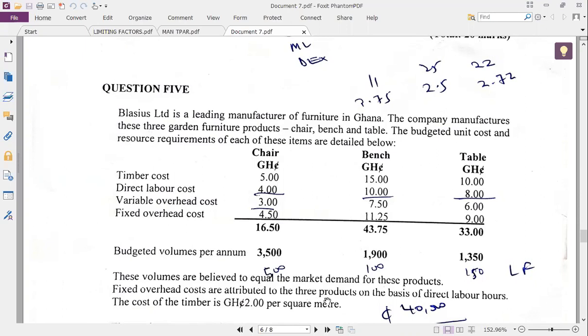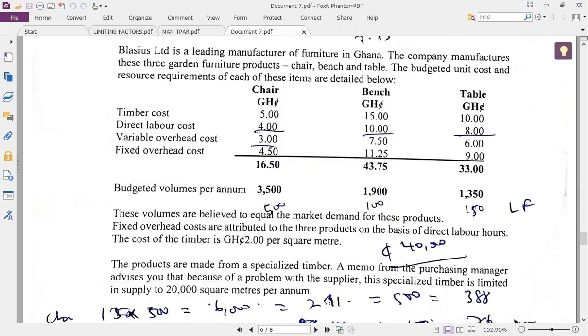Now let's move on. The products are made from specialized timber. A memo from the purchasing manager advised you that because of a problem with the supplier, this specialized timber is limited to supply of 20,000 square meters. That is the limiting factor. It has been identified. Straightforward. And you know, the resource requirements have not been given to you.